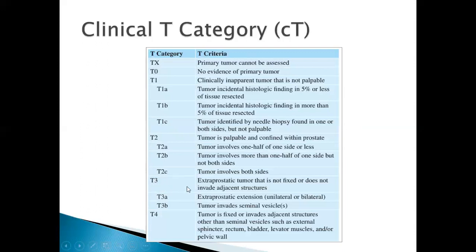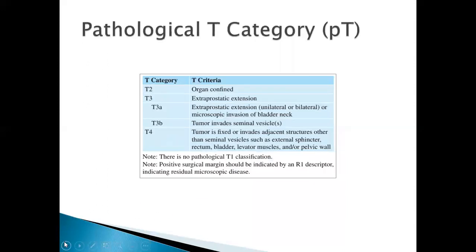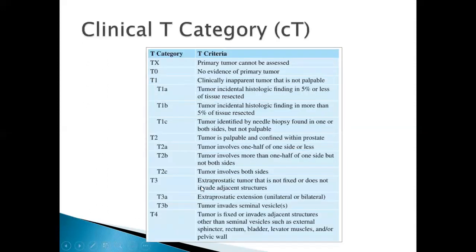T3 is once again the umbrella category, both, you'll see here, extraprostatic tumor that is fixed or does not invade adjacent structures. Okay, so here you have extraprostatic extension. Here in the umbrella, we have extraprostatic tumor, all right?